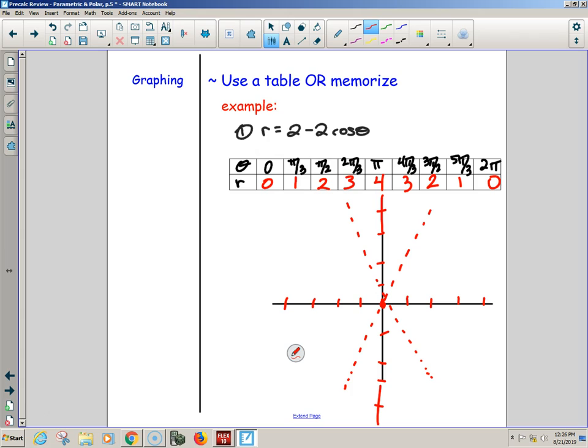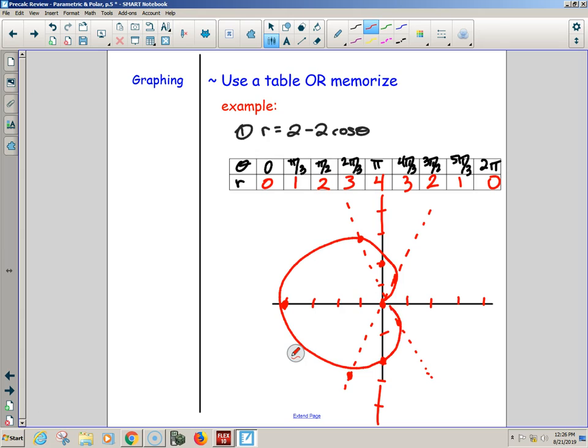I'm going to move to pi over 3 with a radius of 1, pi over 2 with a radius of 2, 2 pi over 3 with a radius of 3, and then a radius of 4, and then a radius of 3, a radius of 2, a radius of 1, a radius of 0.